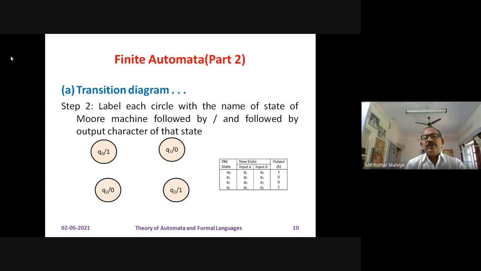In the transition table, you can see that the state Q0 has an output symbol 1. State Q1 has an output symbol 0. State Q2 has an output symbol 0 and state Q3 has an output symbol 1. Is that clear? So first we write the name of a state, followed by a forward slash and followed by the output symbol associated with that state. Is that clear?